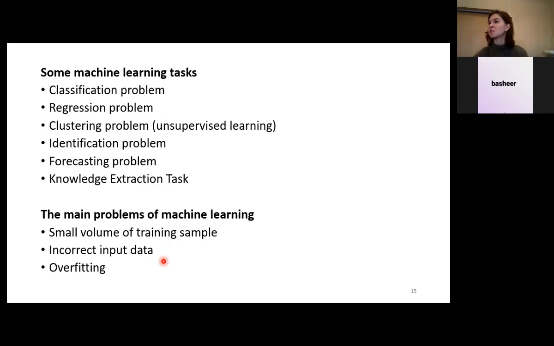When the patient gives us information about himself, you could not check if this patient is a smoker or not, for example, but you want to construct an algorithm which predicts lung cancer, and it takes this as a feature. But this information about the patient may be incorrect, because the patient doesn't want to write it, so he writes that he's not a smoker. So yes, and overfitting. We will talk about it later.